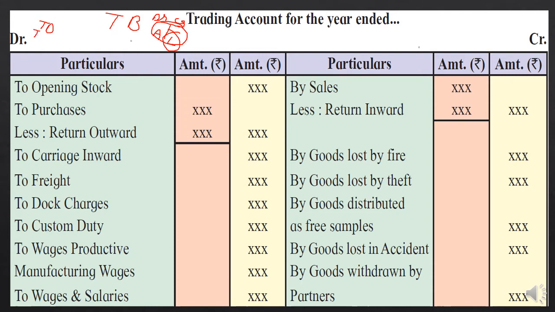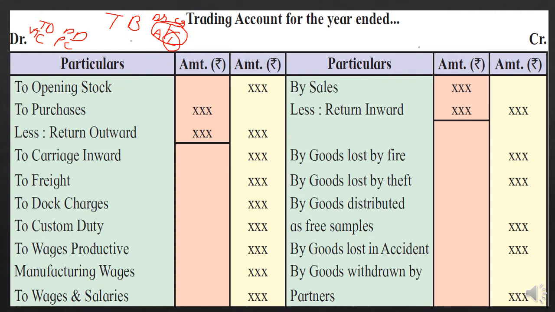So students, please remember this shortcut. For trading account debit we are going to use TD, and for trading account credit we are going to use TC. If it is not going there, then we have to decide whether it is going to the P&L account debit or P&L account credit, so we have created the shortcuts PD and PC.